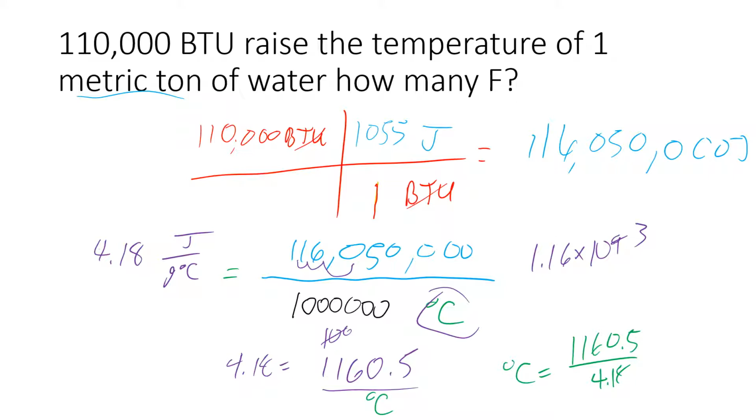You will let me know if I did any of that wrong, I'm sure. 1160.5 divided by 4.18. And that gives us 277.6. Oops, why that's an eraser, I don't know. So our degrees Celsius is 277.6 degrees Celsius. And then you got to convert that to Fahrenheit, which is no short task.